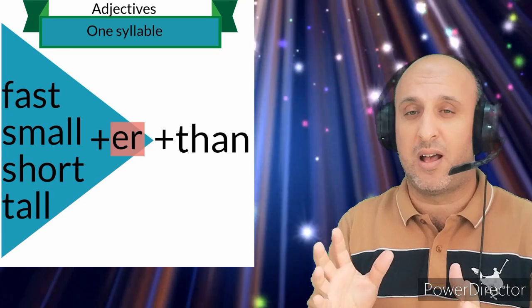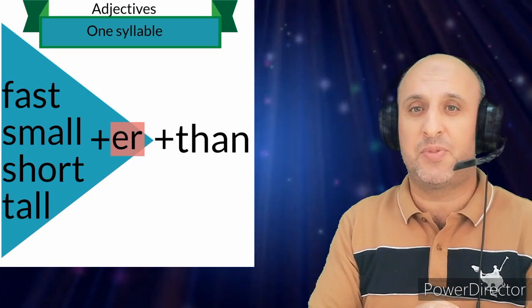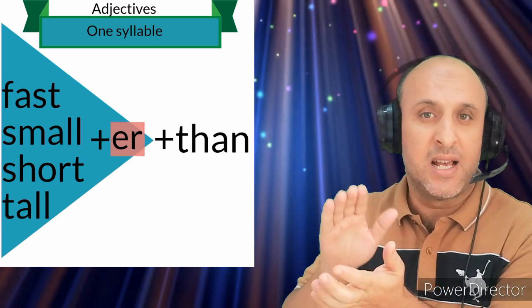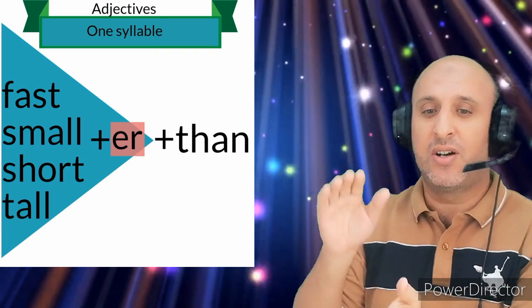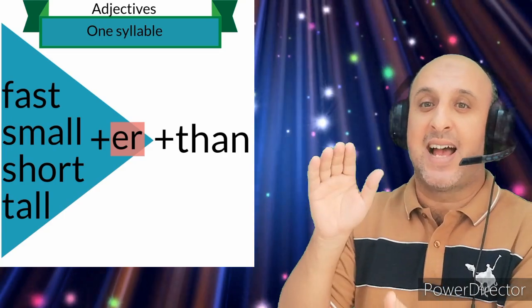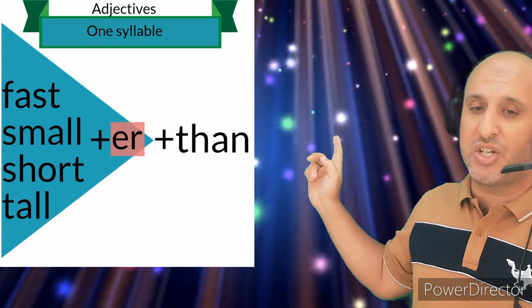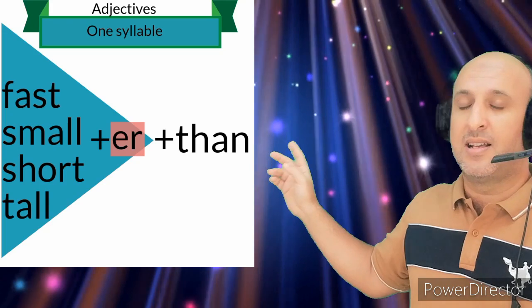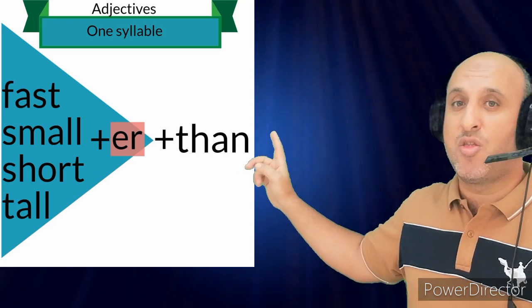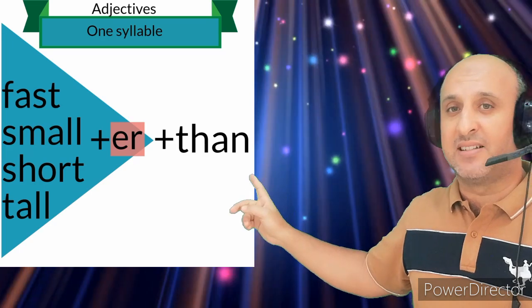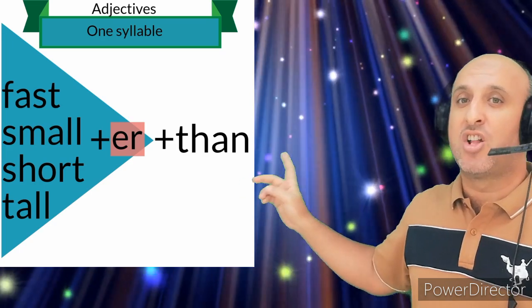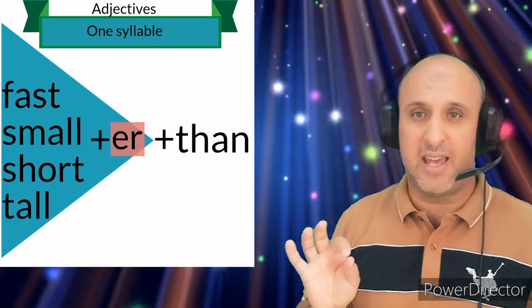We have grouped some adjectives, like fast, also small, short and tall. In the comparative we just add er to these adjectives plus than. Here we say faster than, smaller than, shorter than, taller than. Okay, when we move to the second example in the first set, here we are going to speak about the superlative.